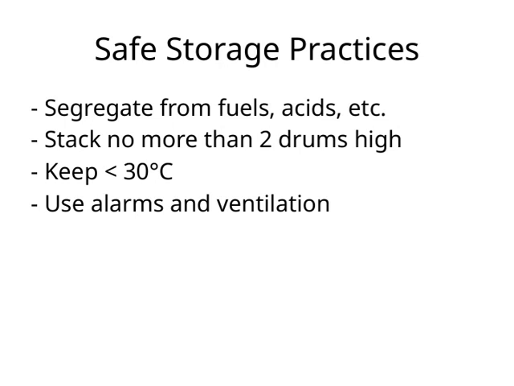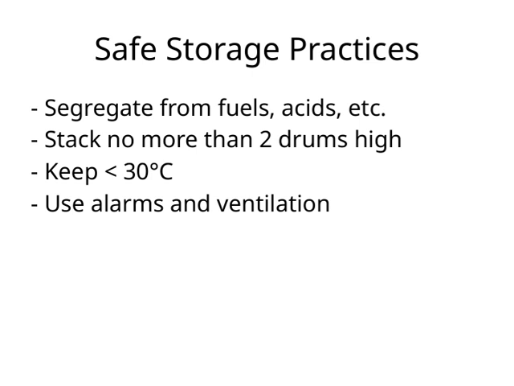When it comes to safe storage practices, one of the key points is to segregate different types of materials. So, make sure to keep fuels, acids, and other hazardous substances separated from each other to prevent any accidental reactions. Another important aspect is stacking. It's best to stack no more than 2 drums high. This helps reduce the risk of falling or collapsing, which can cause spills or injuries. Temperature control is also crucial.